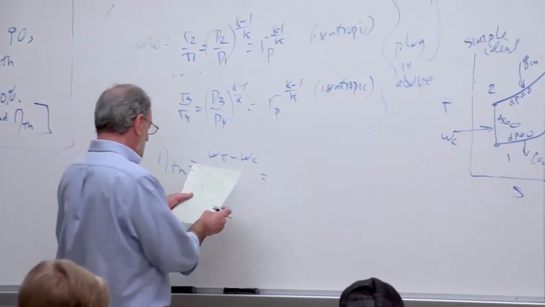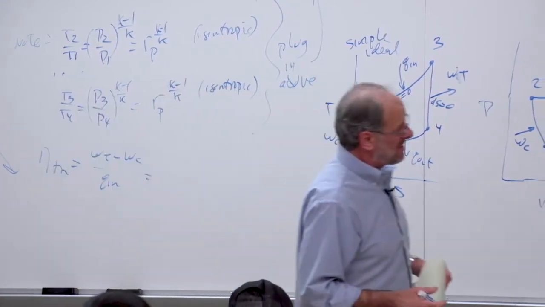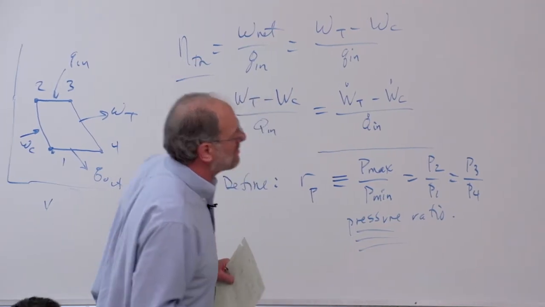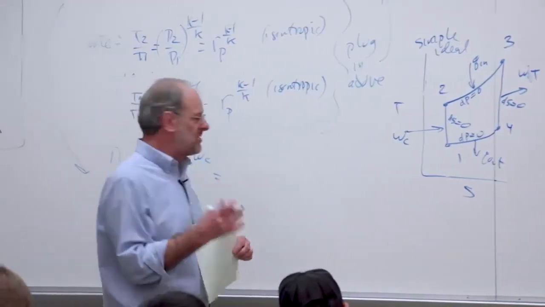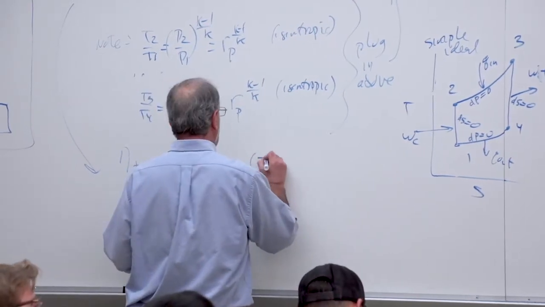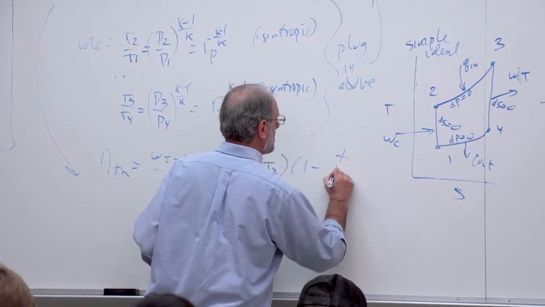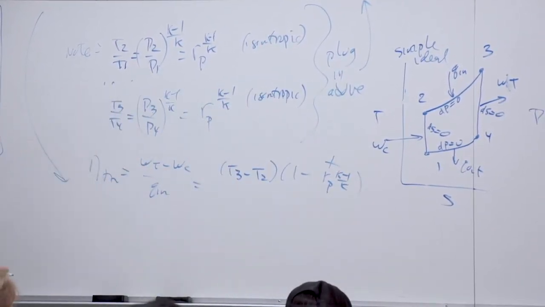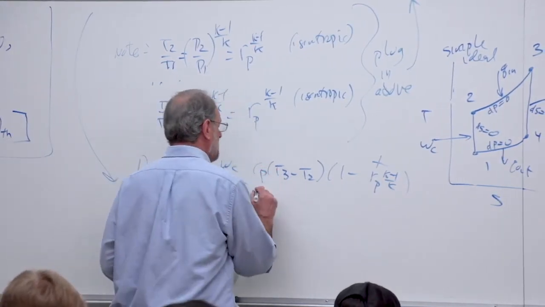So again, what is our net work? Well, let's just plug in these various terms. You can see that both terms have a Cp in them, and both terms have a 1 minus 1 over the pressure ratio to the k minus 1. So I'm going to factor those out of both terms, and we'll just end up with T3 minus T2 times 1 minus 1 over the pressure ratio to the k minus 1 over k. So there's our numerator. And don't want to forget my Cp.